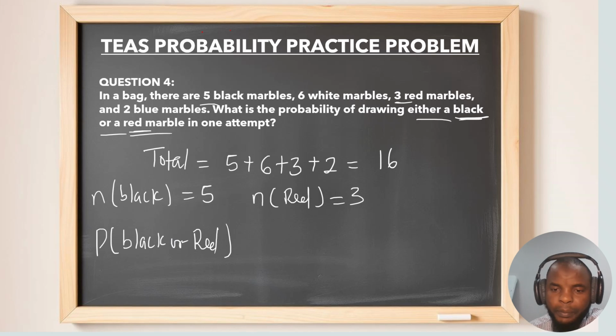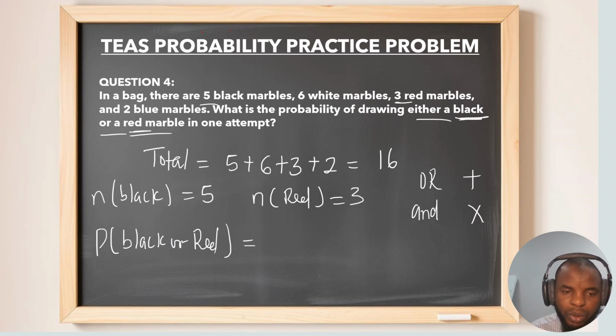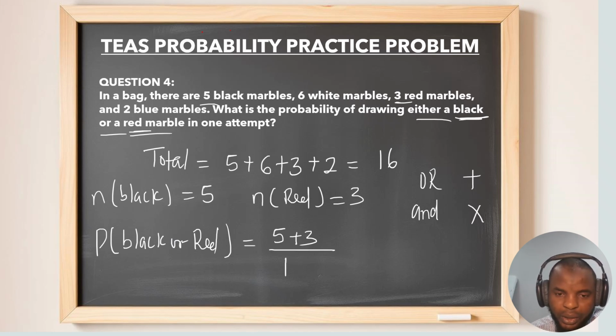In probability, when we talk about OR, we use addition. When we use the operation AND, we use multiplication. Now the probability of black or red is the number of black or the number of red, so we have 5, or means plus 3, divided by the total, which is 16. So here we have 8 over 16, and here we have 1 over 2.